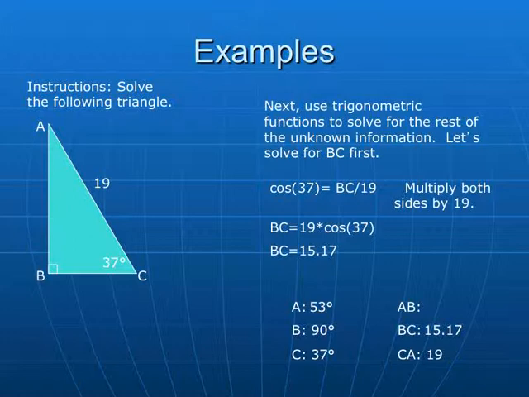Now we have another cheat from there: we could use the Pythagorean theorem and get AB. But should we use the Pythagorean theorem to calculate AB? No. Why not? Because I'm using a calculated number to calculate another number. First of all, 15.17 is rounded, so that introduces error into the system. And second of all, 15.17 could be wrong, so I don't want to use that.